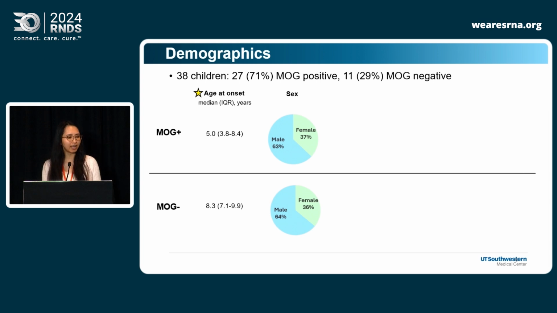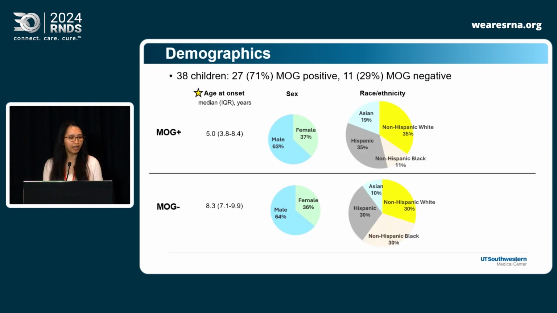Something notable was that we typically think of MOGAD as a disease without any gender predominance, but at least in our small ADEM cohort here, there may be a male predominance. In terms of race or ethnic backgrounds, there wasn't a significant difference, perhaps a little higher percentage of patients with MOG-negative ADEM being of Black or African American race.